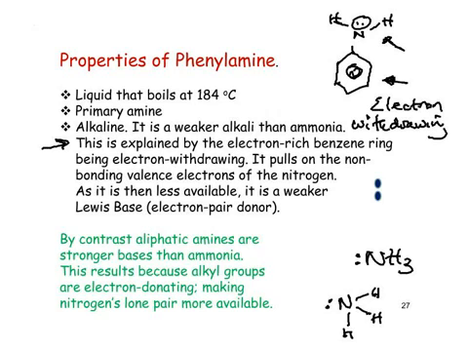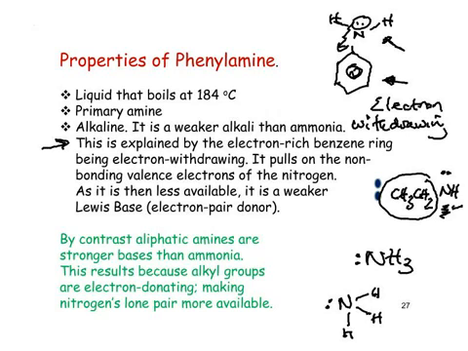In the case of phenylamine here, because the benzene ring is electron-rich, it tends to pull on this, making it less available and a weaker base. If we compare that with something like CH3CH2NH2, in this case, an alkyl group is attached to the nitrogen with the lone pair.